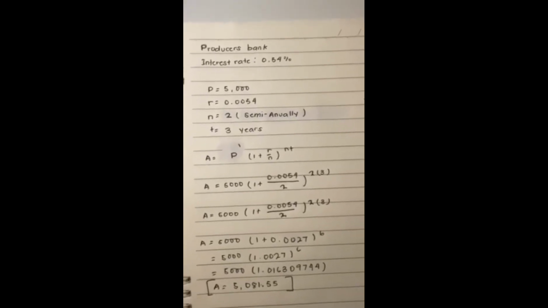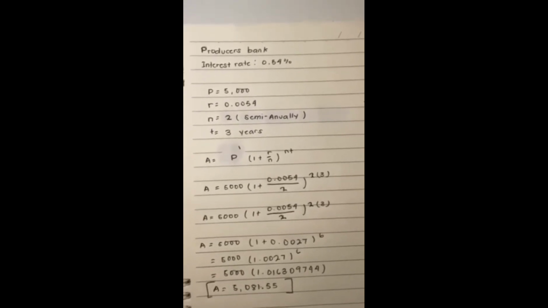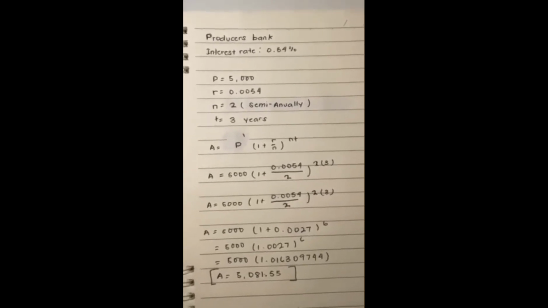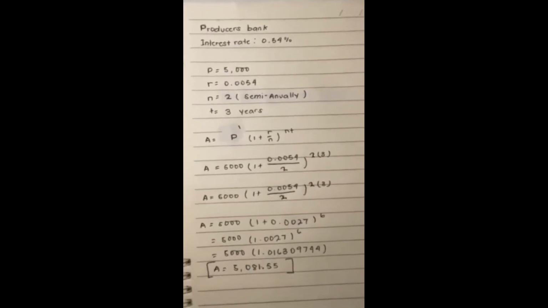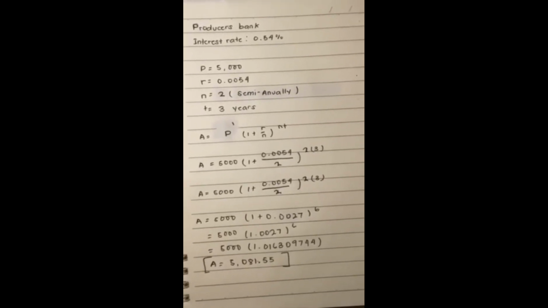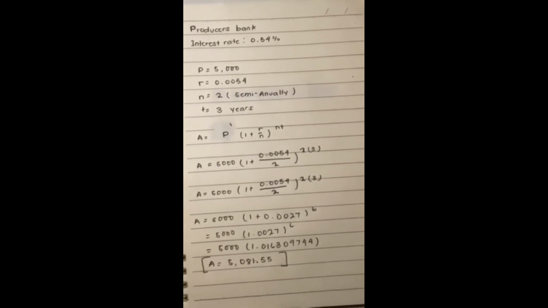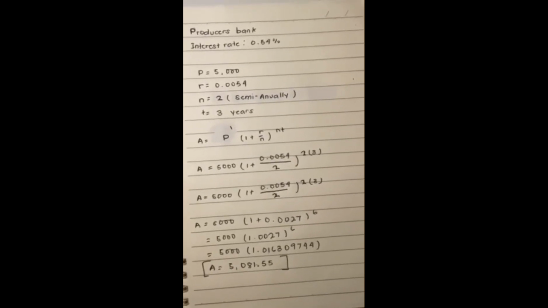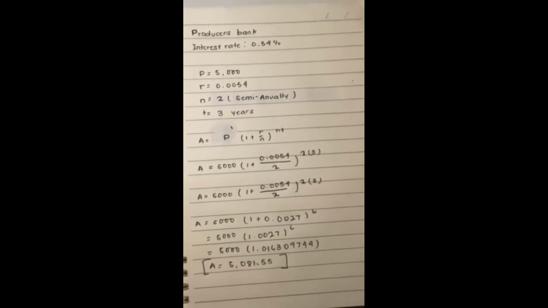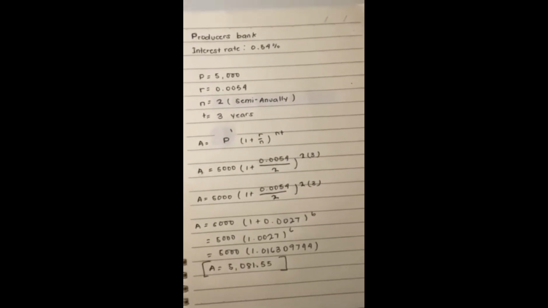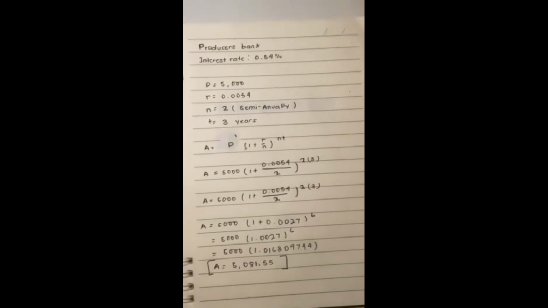P is equal to 5,000, the rate which is 0.0054. The number of times interest is compounded is semi-annually or 2, and the time which is 3 years. The formula for compound interest is A is equal to P times 1 plus rate over N raised to the power of N times T.